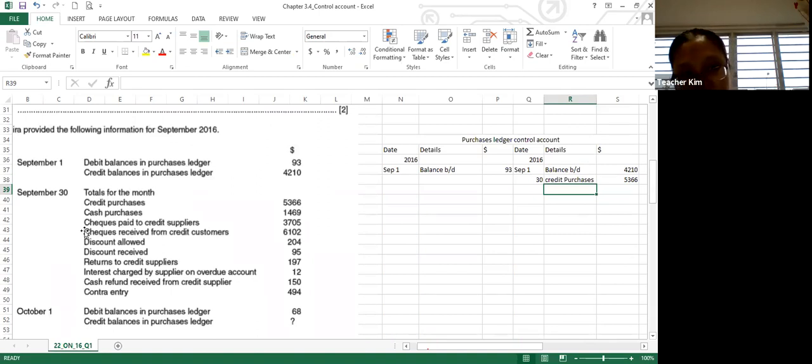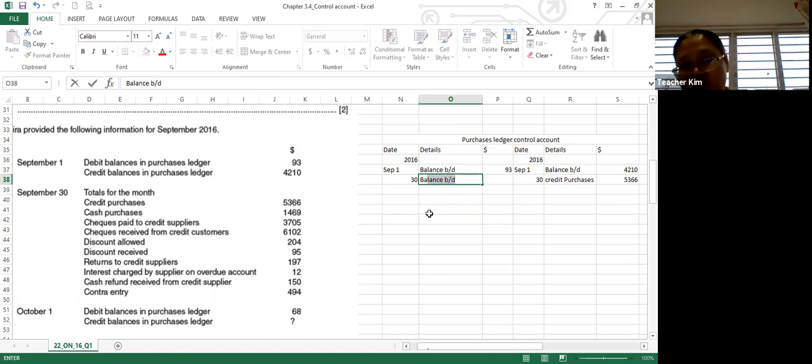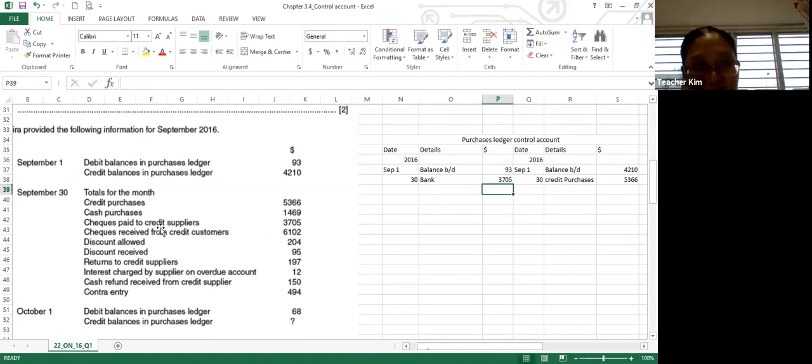Okay, another: check paid to credit supplier. The supplier received the money, so it is the supplier's debit side. Check means bank account, 3705. Next, check received from credit customer. This one is trying to confuse you.